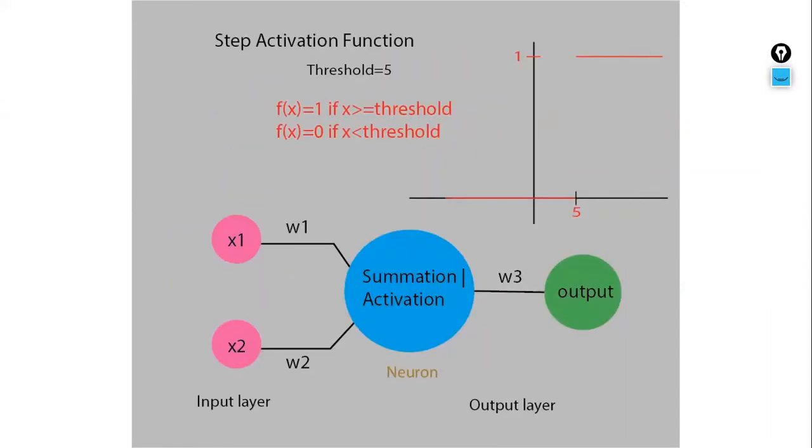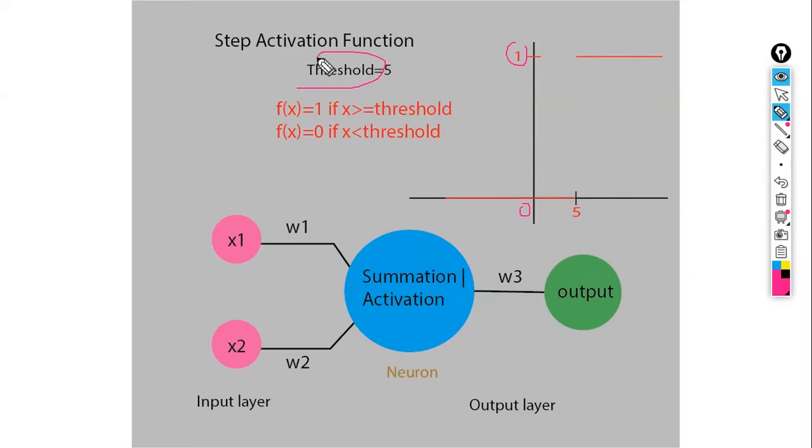Now let's come to the first activation function, the step activation function. It outputs only two values, either 0 or 1. It defines some threshold value.